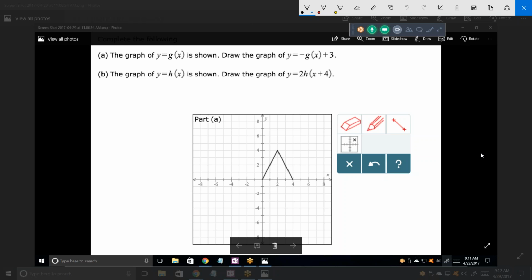A, I guess. Reflections. Oh, I thought you were talking about which number. I mean, the order of your transformations do not matter except reflections have to be done first. And they don't matter in which order if you have 2 reflections. So, in other words, we need to take care of that negative sign before the plus 3.